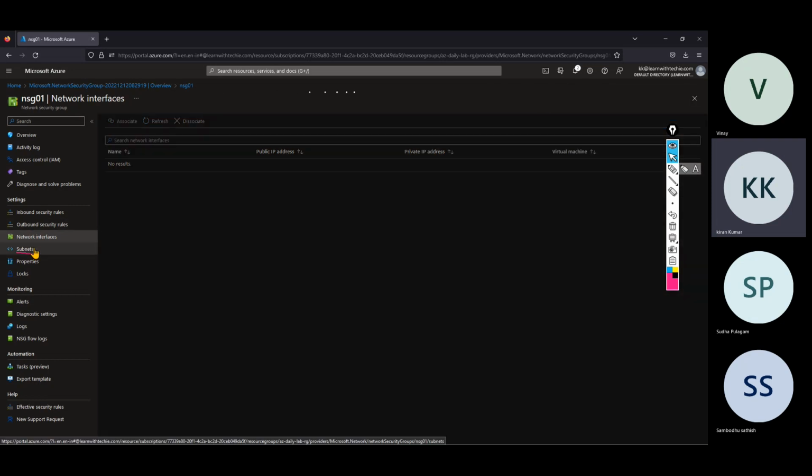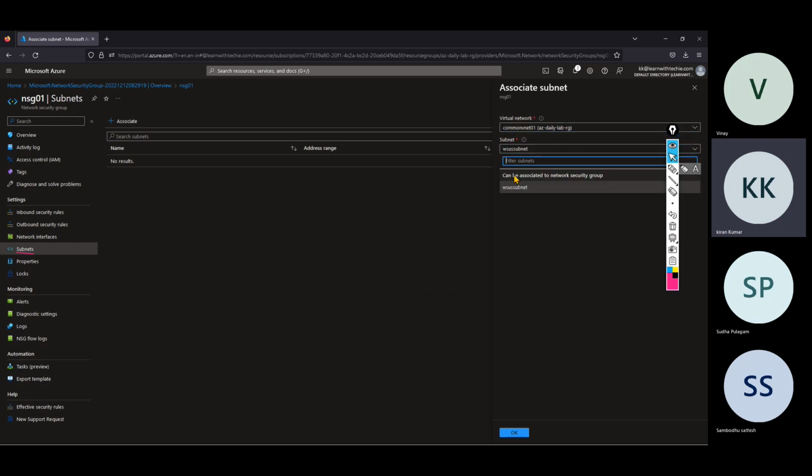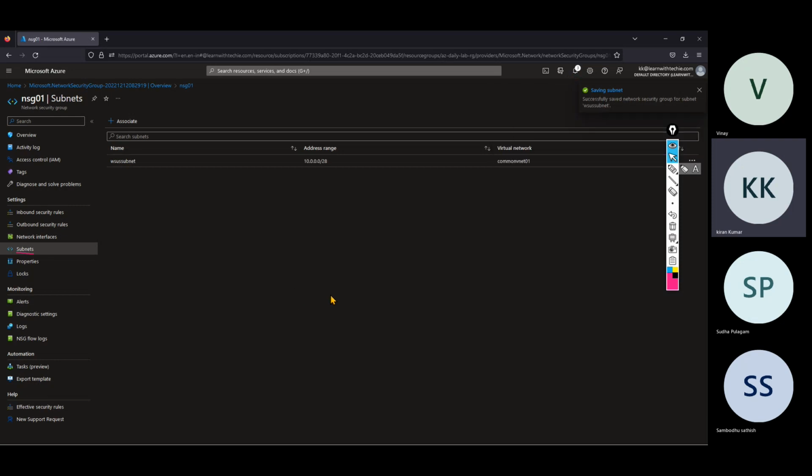If not, go to the subnet, associate, select that particular virtual network and subnet, and click OK. Now this network security group is associated to that particular subnet. And in this subnet only, I'm getting my virtual machine IP address. That means my network interface card is in that particular subnet, where the NSG is associated.